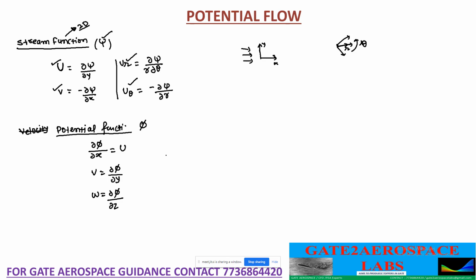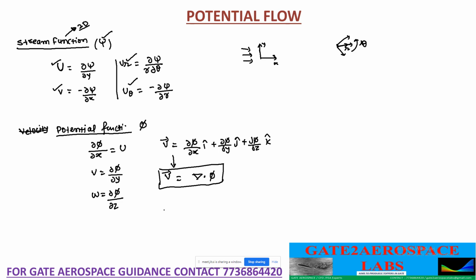If you see the velocity vector, you can write it as del phi by del x i plus del phi by del y j plus del phi by del z k. Right. You can write the same expression as my velocity vector is equal to gradient of phi. Fine.